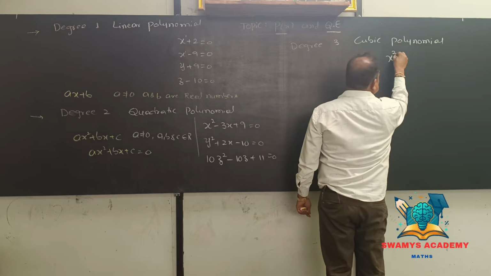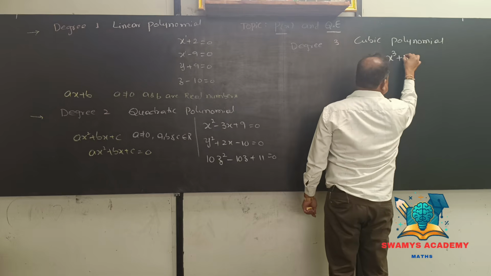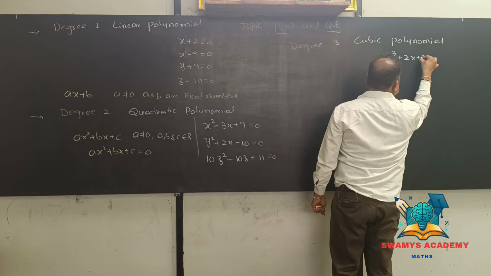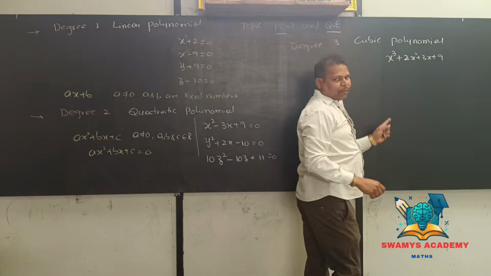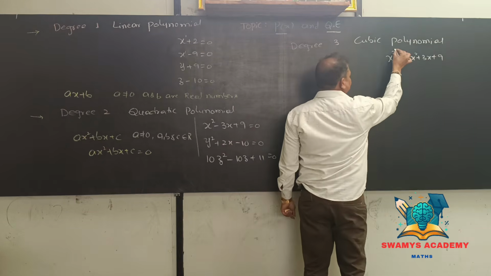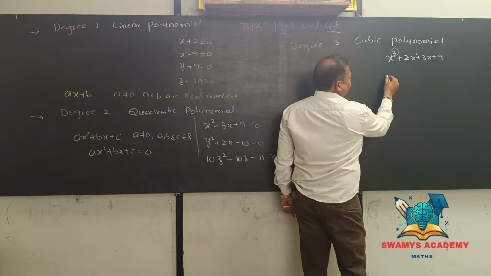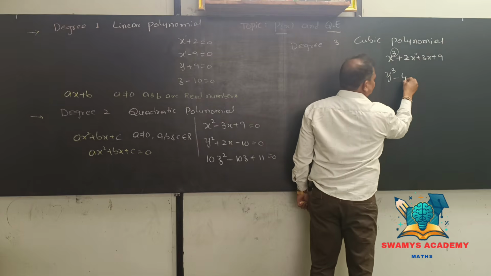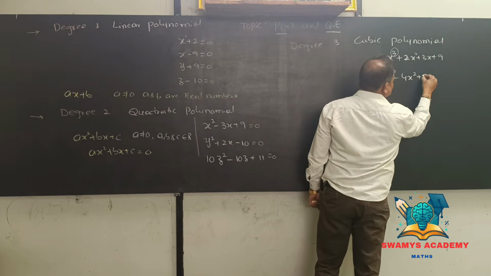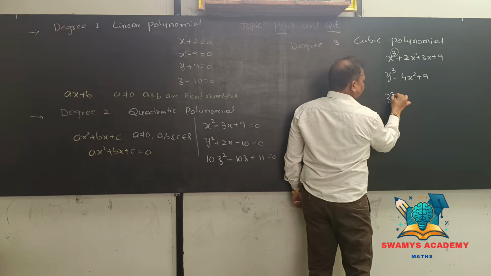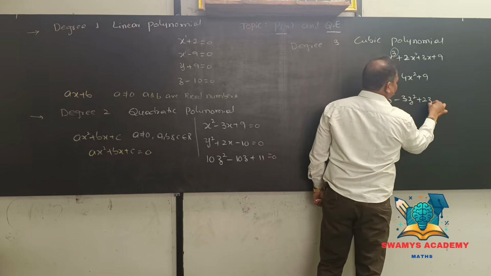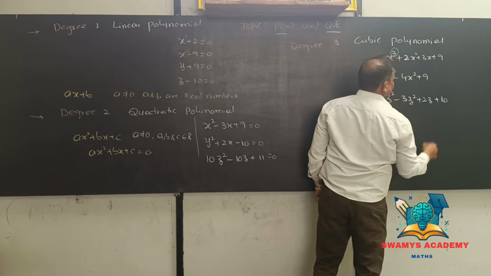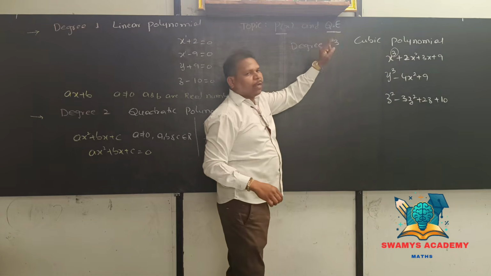Example for cubic polynomial: x cube plus 2x square plus 3x plus 9. For a cubic polynomial, the degree should be 3. Now y cube minus 4y square plus 9, z cube minus 3z square plus 2z plus 10. These are examples of cubic polynomials.